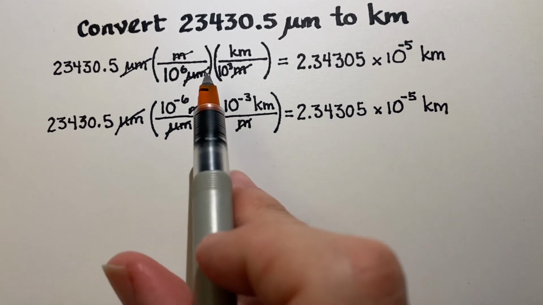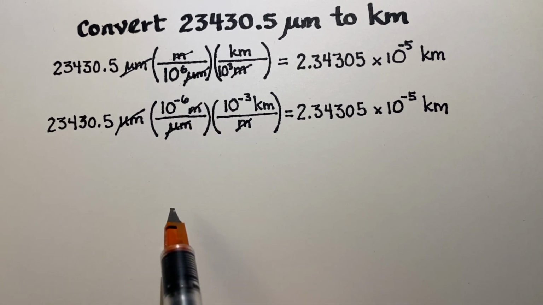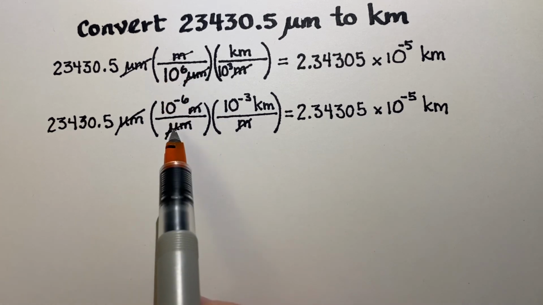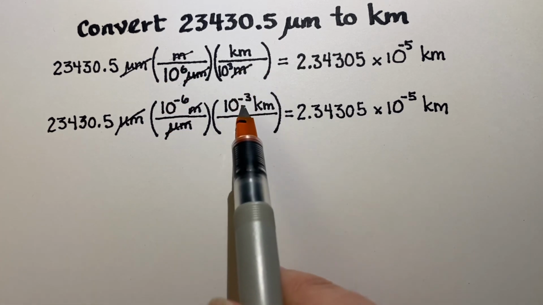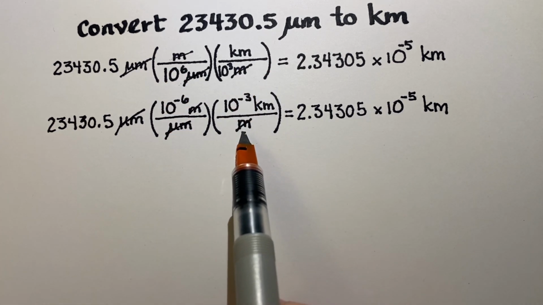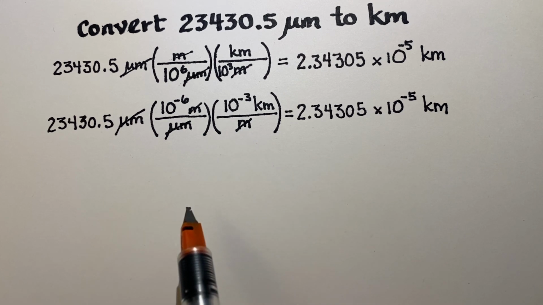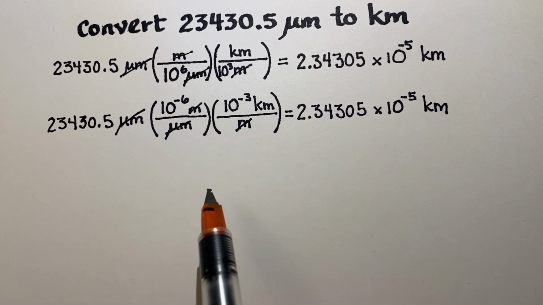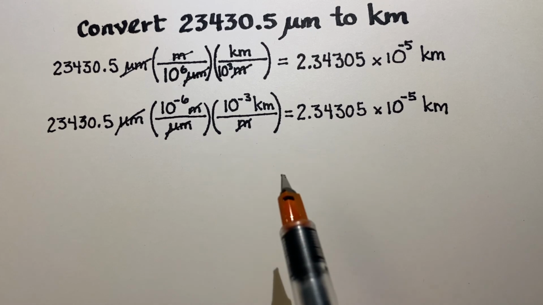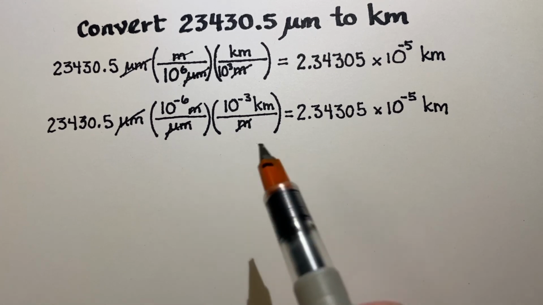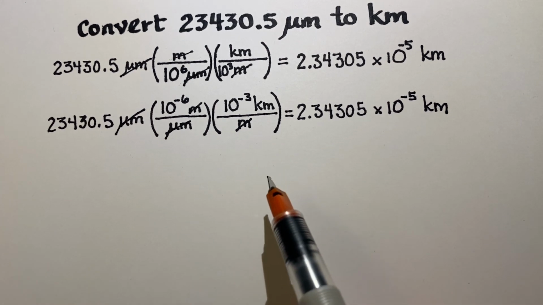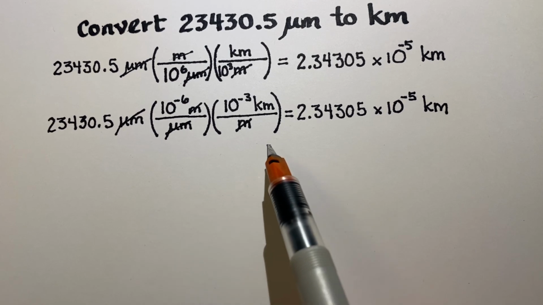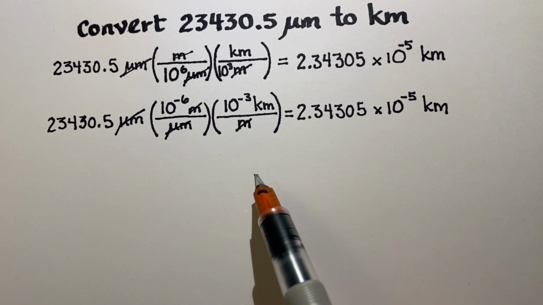Just two different ways of thinking about it, but they do mathematically mean the same thing. So they'll both work. Alright, well, I hope that is helpful with unit conversions in the metric system.